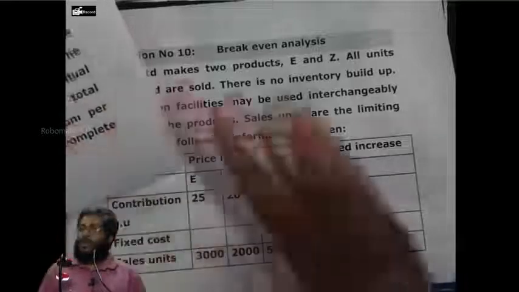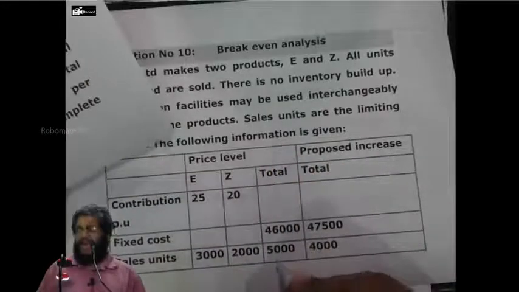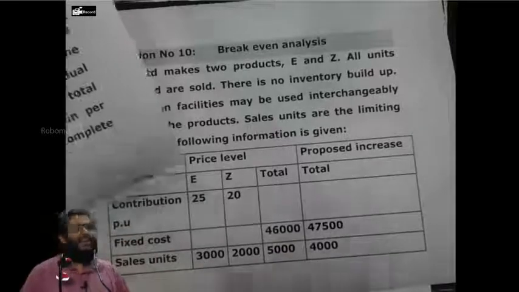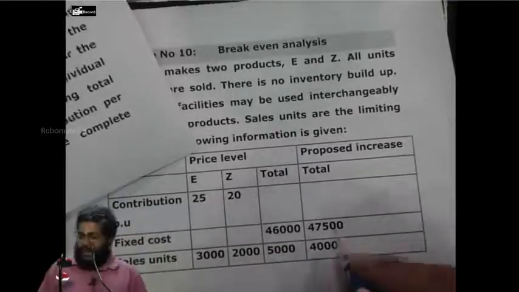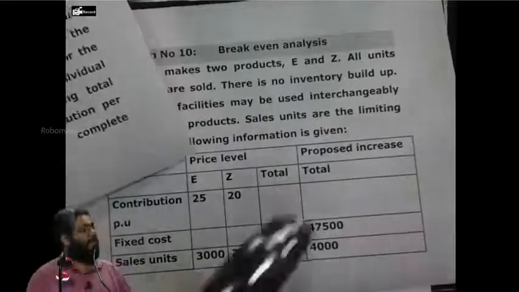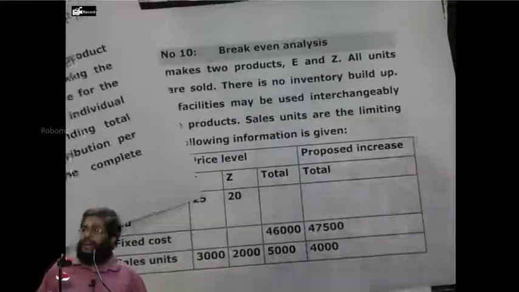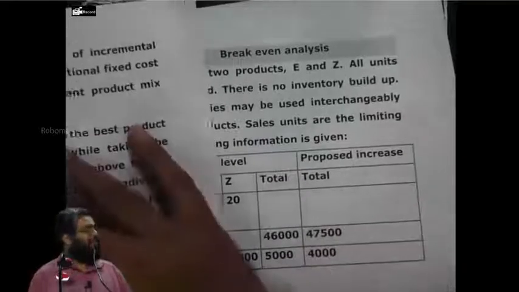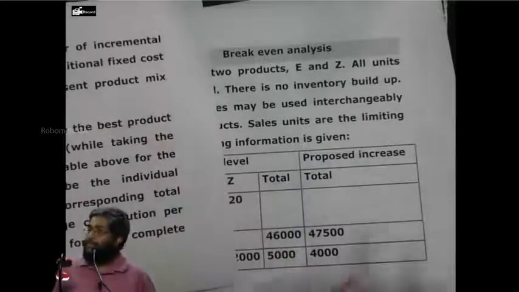Already at 2,000 units I am at the break-even point. The balance 3,000 gives you margin of safety. That gives you some amount. That amount will recover the 47,500 fully. So I need not sell any incremental unit because it automatically stands recovered. It will be our normal interpretation.